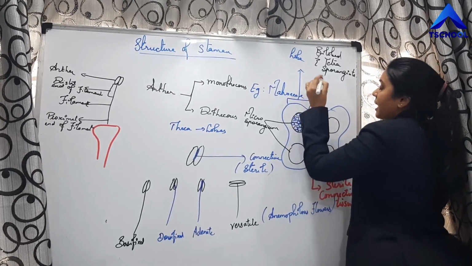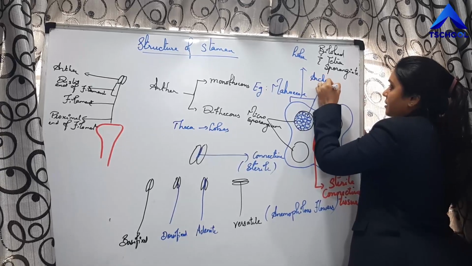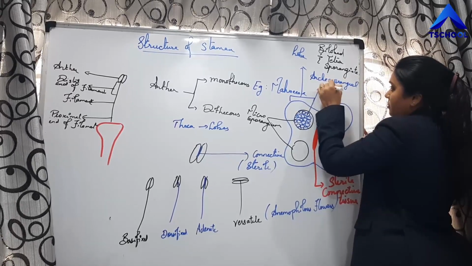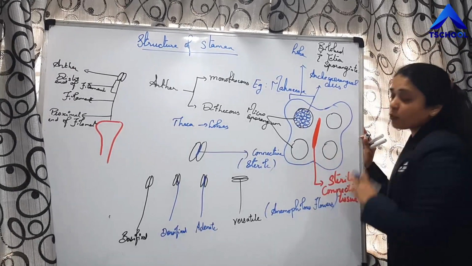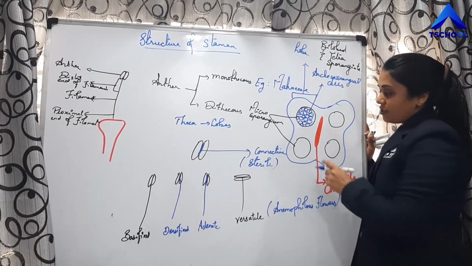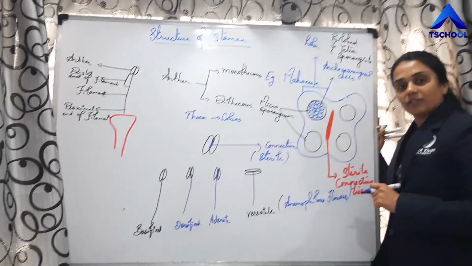These cells are called as archesporial cells. So this is the overview of the structure of an anther. In the next lecture, we will study about the internal structure of the anther.